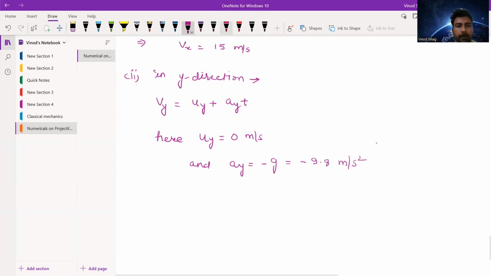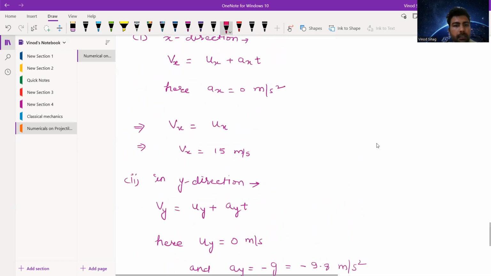Now the equation will be vy equals 0 minus 9.8 into t.